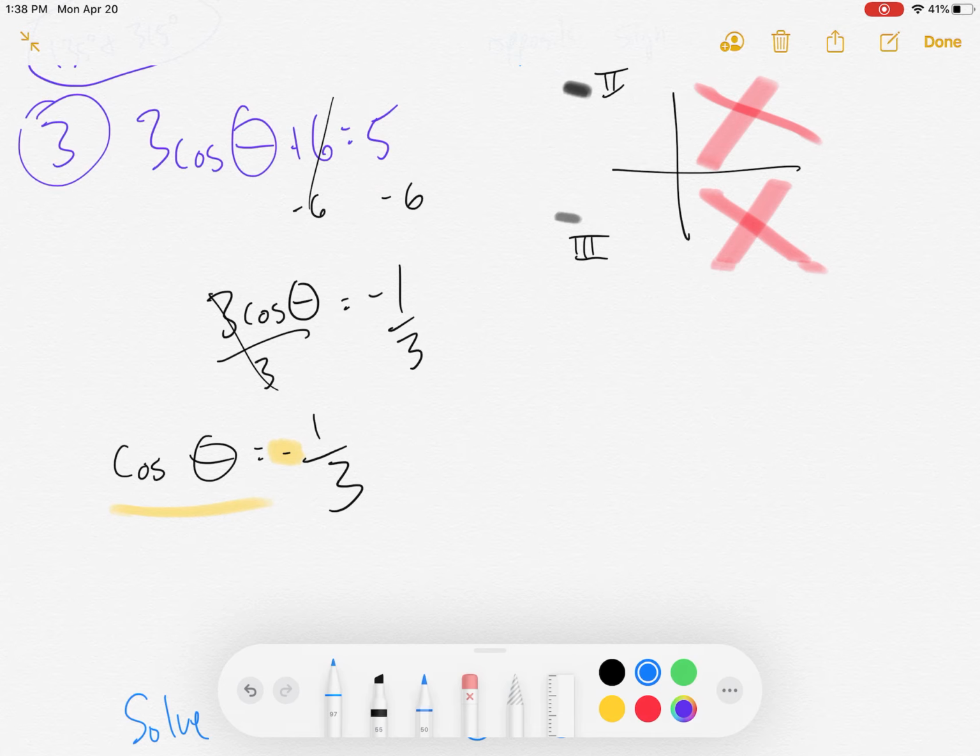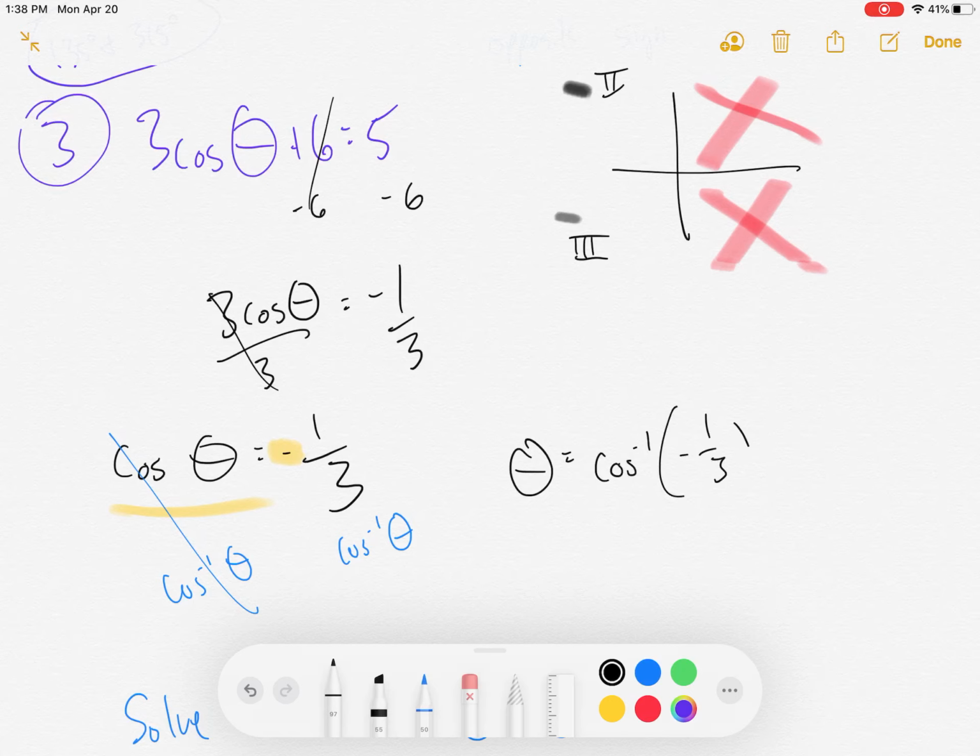Again, pick up that link that I dropped in Google Classroom, and we have to get theta by itself. So how do we get rid of a cosine? Well, you have to take the inverse cosine of both sides. These cancel, and you get theta equals the inverse cosine of -1/3.